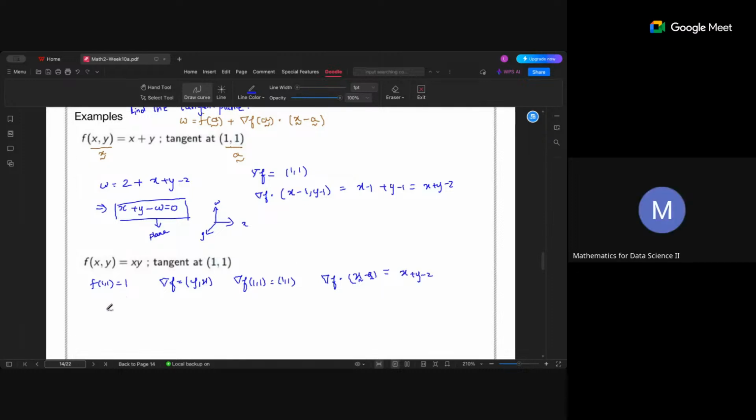So you will get w is equal to 1 plus x plus y minus 2. So you are going to get x plus y minus w minus 2 is equal to 1. Equation of another plane. This plane passes through origin and this does not pass. That's all. Both are planes in R3.